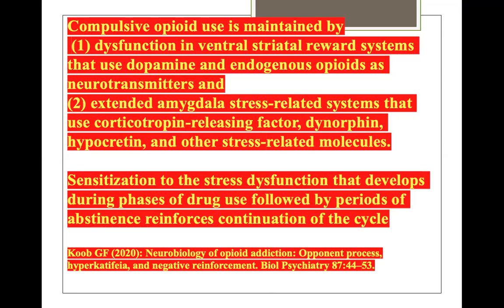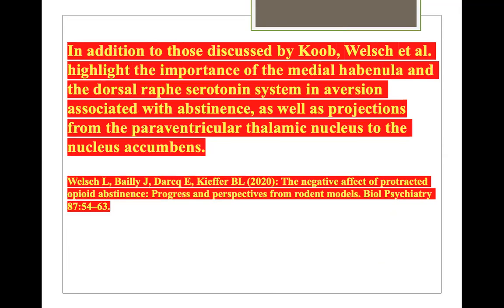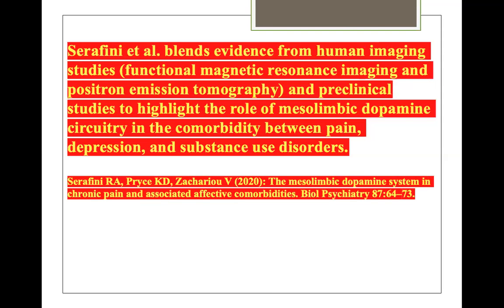And it's why we have to work on this circuitry in order to help people to overcome opiate use disorders. And part of that work is to help them to feel more belonging.